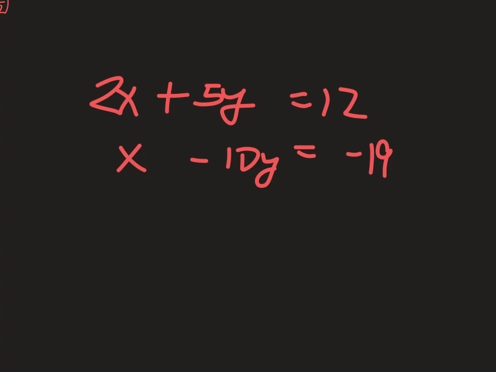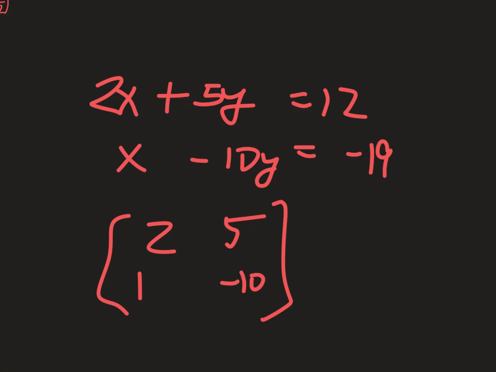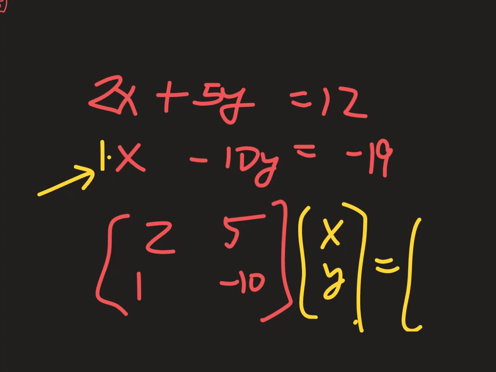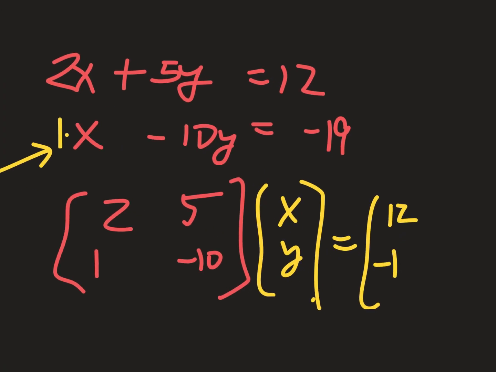Okay, here's what I'm hoping you got. I'm hoping you knew this was a 2 and a 5 and a 1 and a negative 10. Even though there wasn't a 1, you'd know that there'd be a 1 right there. And then we need the xy. And then you need the 12, negative 19.